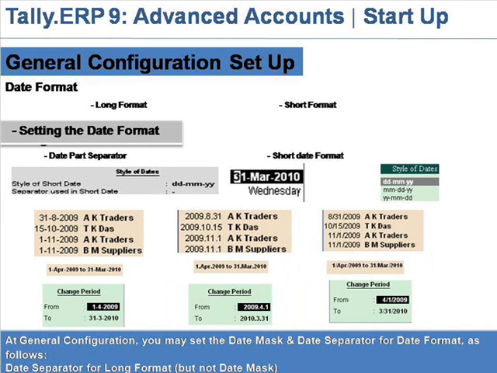At General configuration, you may set the date mask and date separator for the date format as follows. Date separator for long format but not date mask. Date mask and date separator for short format. The default date format cannot be changed during entry or in a report.